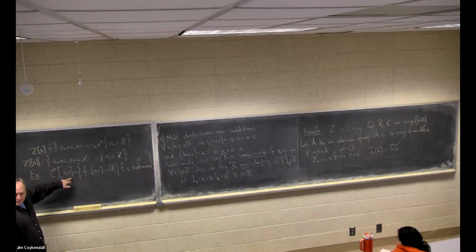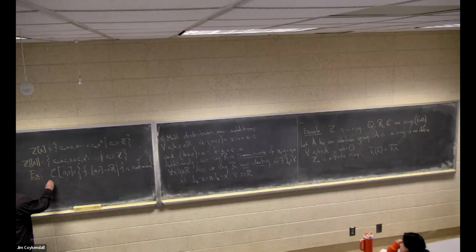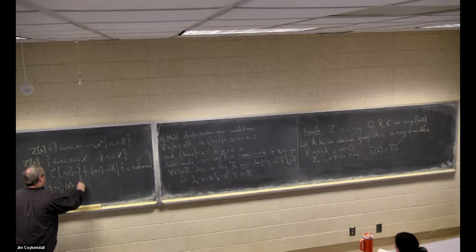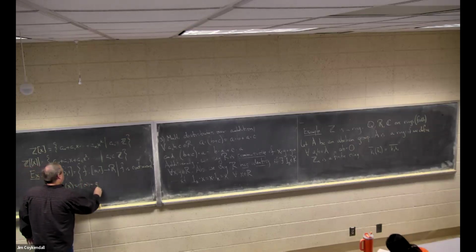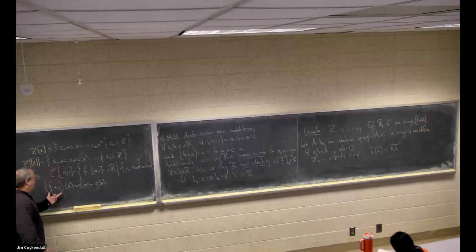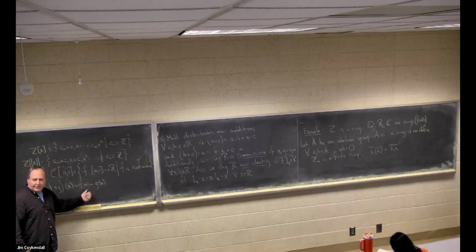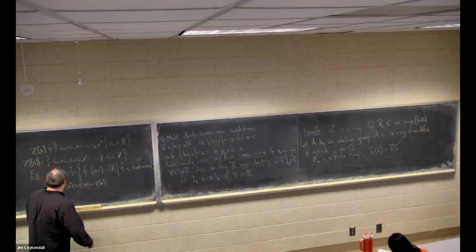This one is commutative, because the way we multiply and add functions is just pointwise. That is to say, f plus g evaluated at x is just, you add up the ordinates of f and g at x.